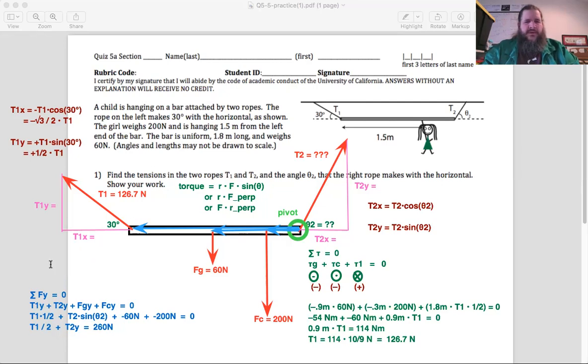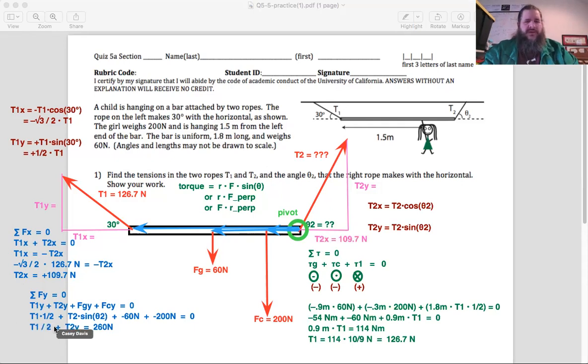And if we fill in T1, which we now know is 126.7 newtons, what does that tell us about T2x? It's the opposite, so it's positive 109.7 newtons. Yeah. Or positive 127 times root 3. Right, and that works out to, do you say 109? I got 109.7. Okay, so that will be T2x. Let's fill that in the force triangle, 109.7 newtons.